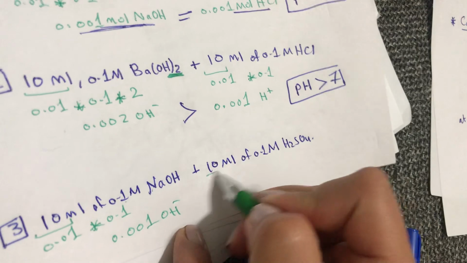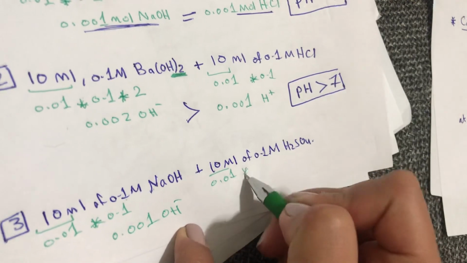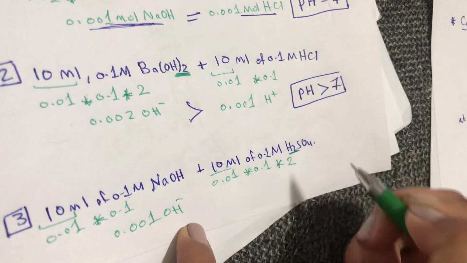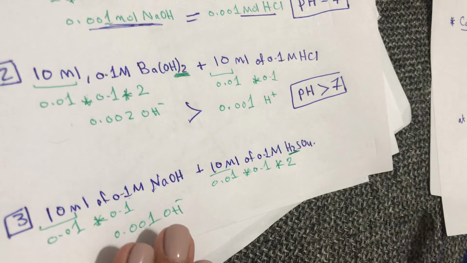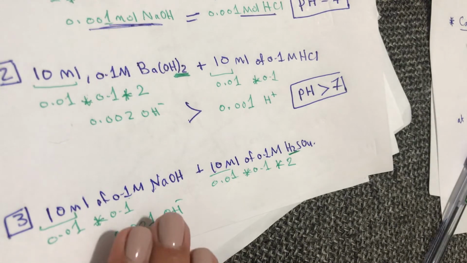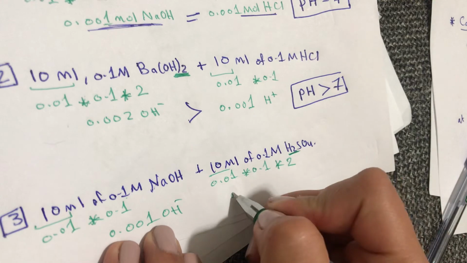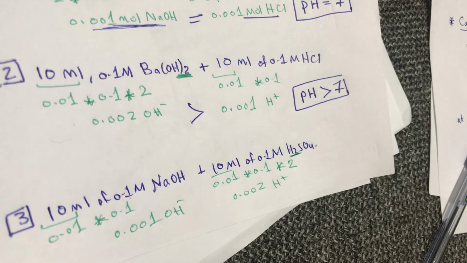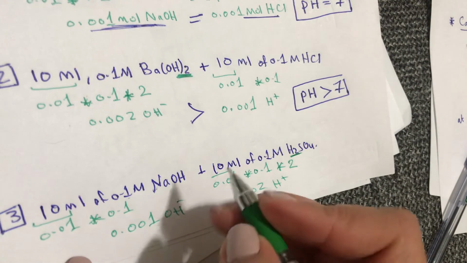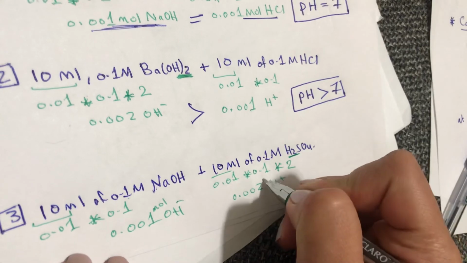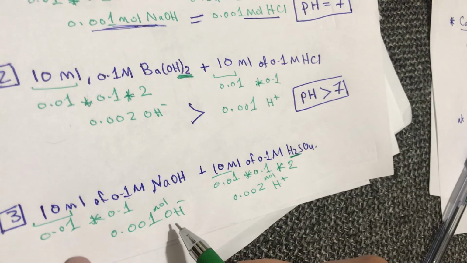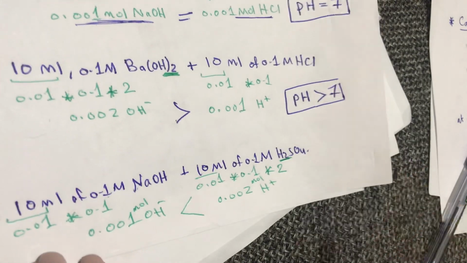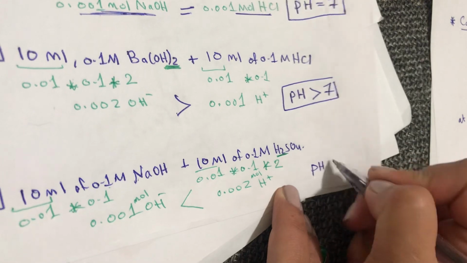And here 0.01 times 0.1 times 2, because when sulfuric acid dissociates into ions, it gives 2 moles of hydrogen ions, which equals 0.002 mole of hydrogen ions. So the number of moles of hydroxide is less than the number of moles of acid. So it's an acidic solution, pH less than 7.